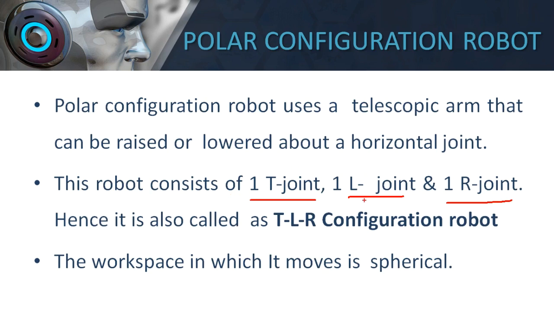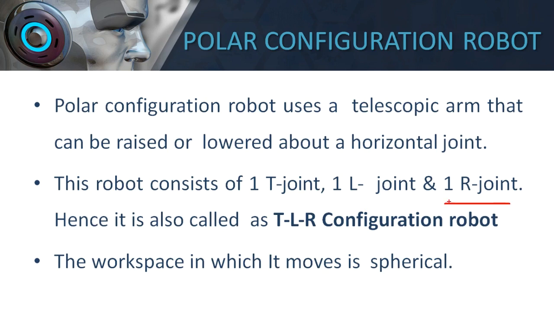Then it has one L joint. What do you understand by an L joint? An L joint is nothing but a linear joint that we discussed. That is the first type of joint. A linear joint provides the flexibility for a robot to move its arm in a forward direction and then retract back in the same direction but in the opposite way. Then what do you understand by an R joint?